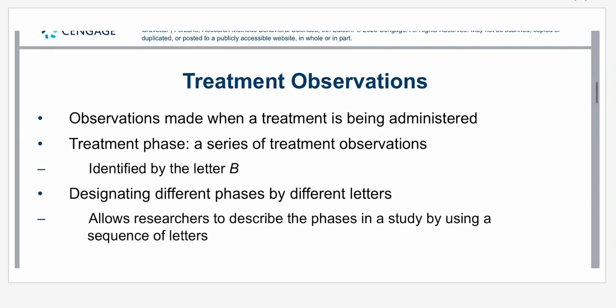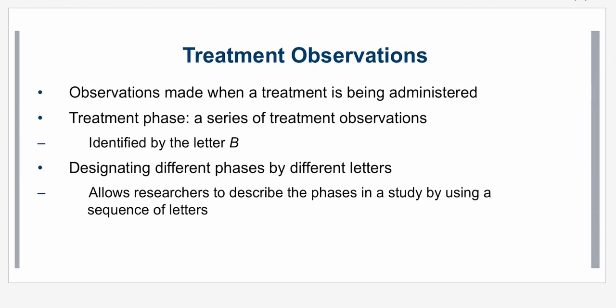If we have the baseline phase, then we also have treatment observations and treatment phases. This is obviously when the treatment or manipulation is occurring. And remember, treatment doesn't always mean clinical. That can just mean a manipulation of an independent variable. The series of treatment observations is the treatment phase.